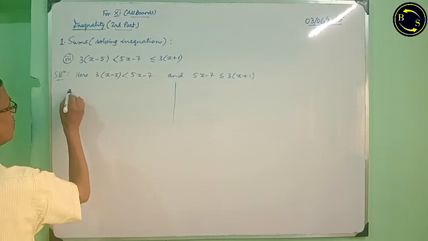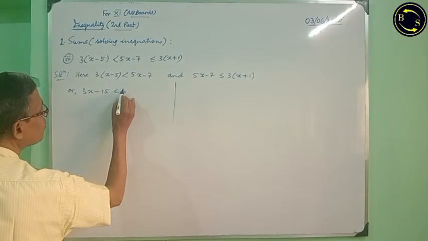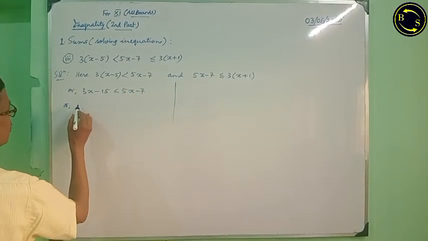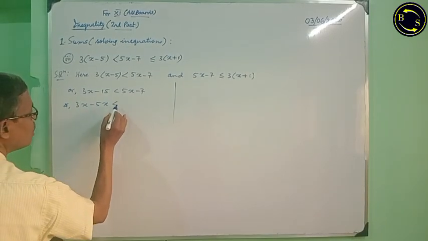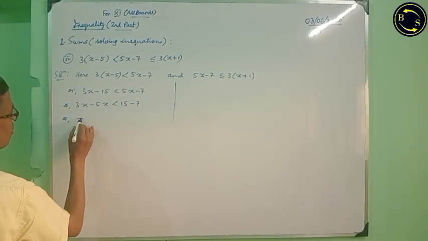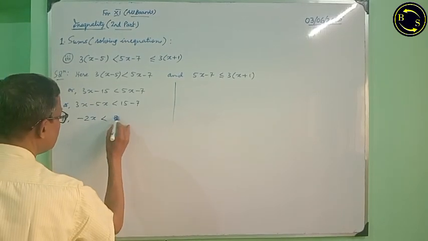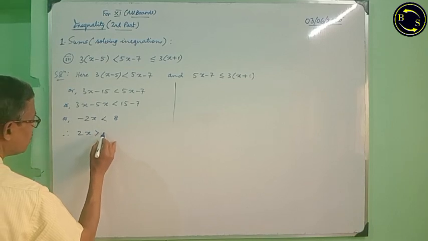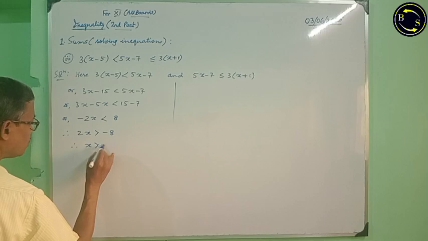Now from this, 3x minus 15 less than 5x minus 7. Next we take x part on the left side, 3x minus 5x less than 15 minus 7, or minus 2x less than 8. Therefore, 2x greater than minus 8. Therefore, x greater than minus 4.